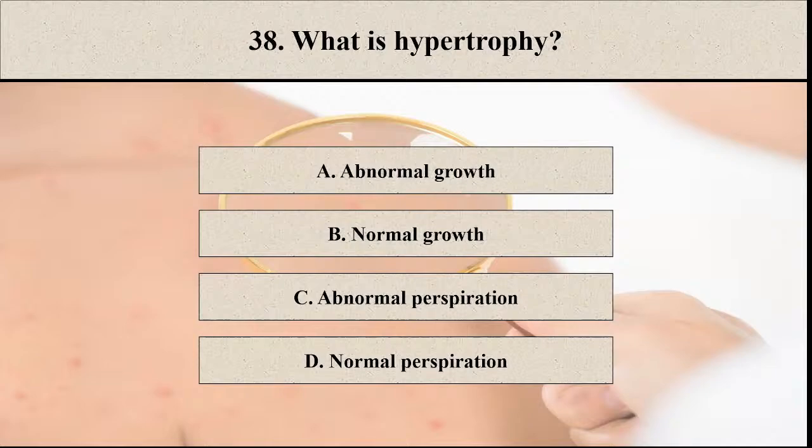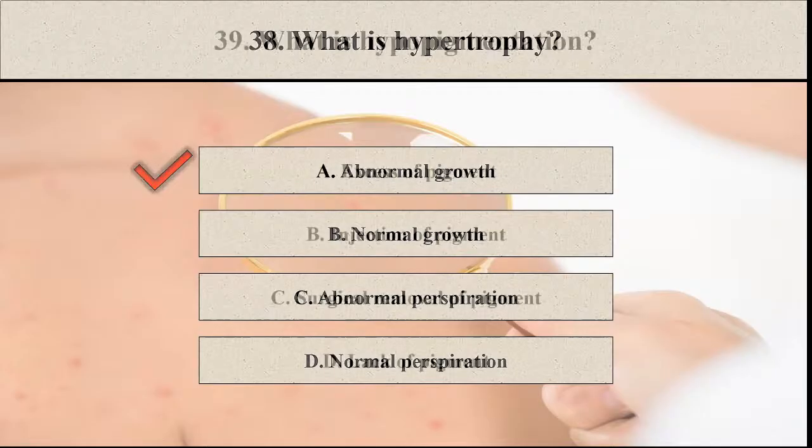What is hypertrophy? Is it abnormal growth, normal growth, abnormal perspiration, normal perspiration? If you chose A, abnormal growth, you are correct.